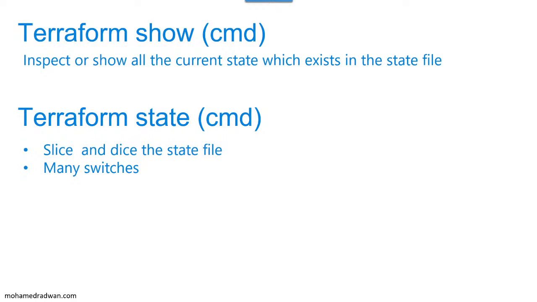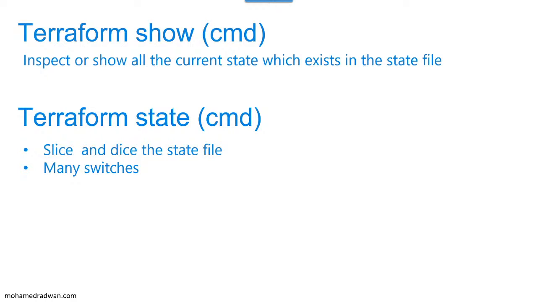For example, I could understand which resource, which name, and so on. It's like slicing or understanding the information of the resources. And of course, many switches, for example, list, mv, and many others. I can use it for many cases, for example, modifying the Terraform state.